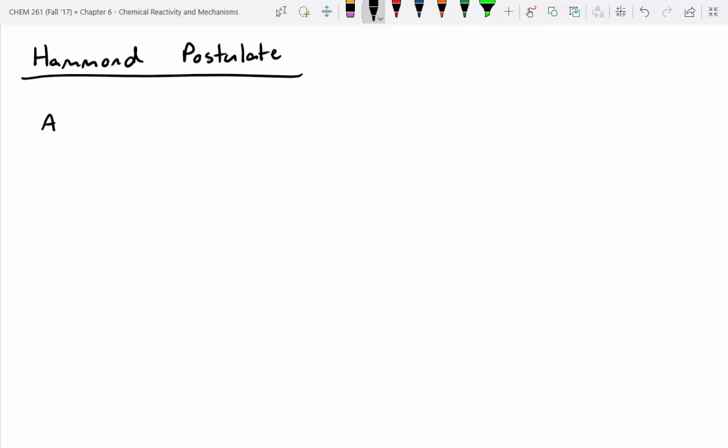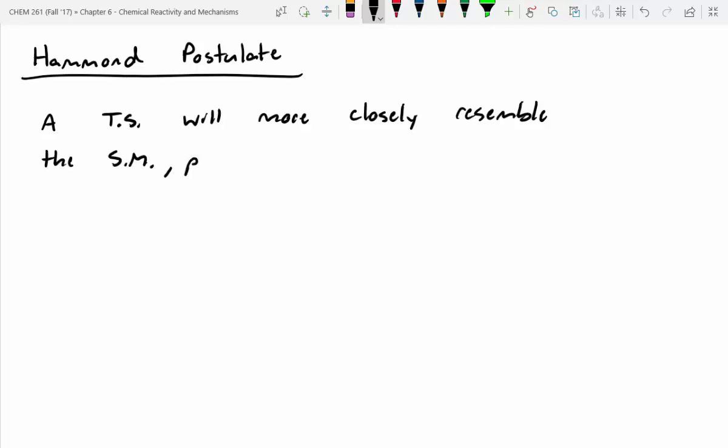Its postulate states that a transition state, and I'll call this TS for transition state, will more closely resemble the starting material, product, or intermediate that is closest in energy.